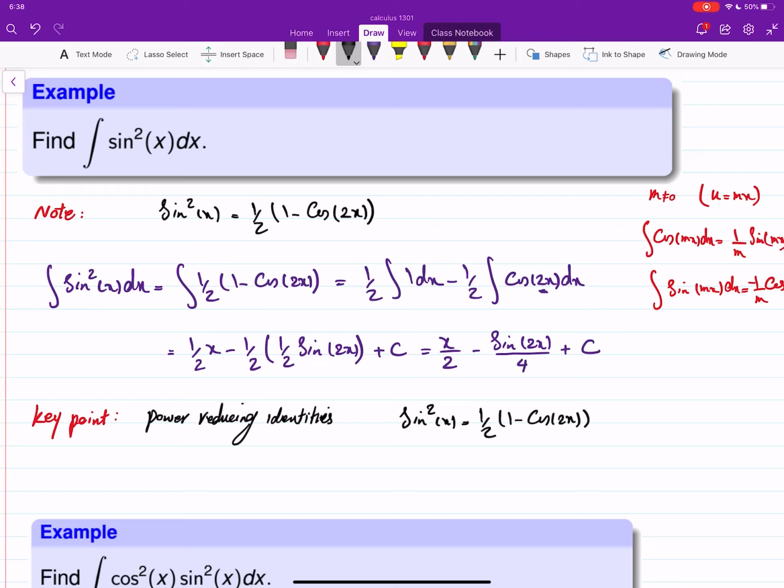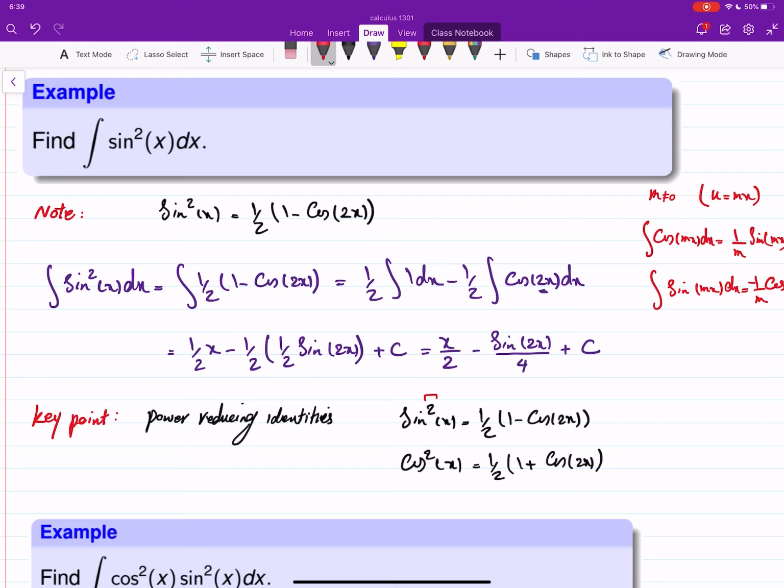For cosine we have half of 1 plus cosine 2x. And the reason we call it power reducing is that on the left hand side you have a square, but on the right hand side you have two terms.